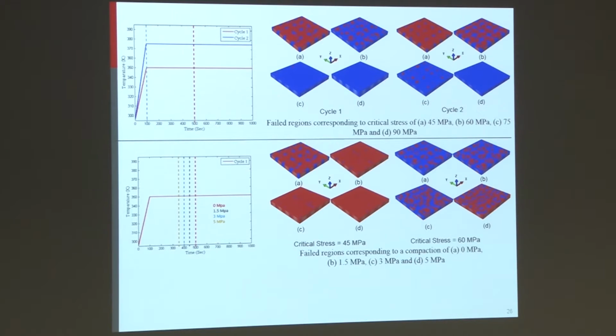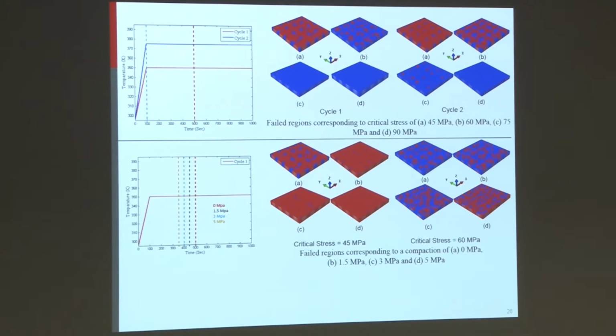Another study was the influence of extra compaction that can be applied. So we looked at 4 different compaction pressures and for 2 different material strengths. And we noticed again that as we increase the compaction, the extent of damage increases for both of them. But the decrease in curing time was not significant.